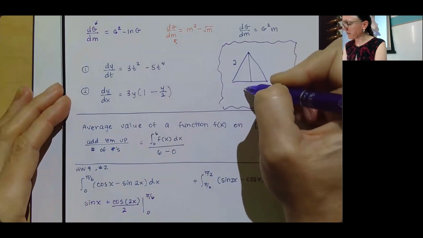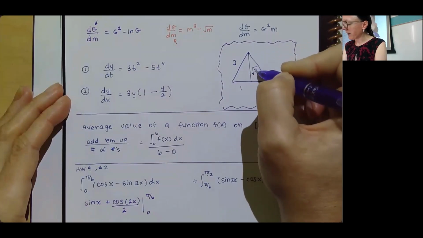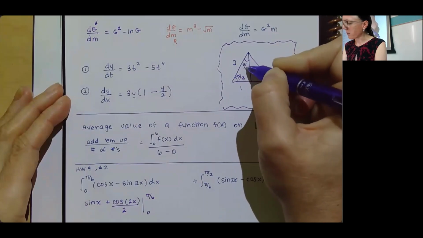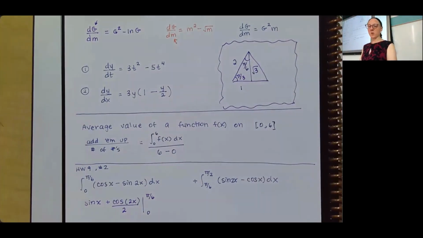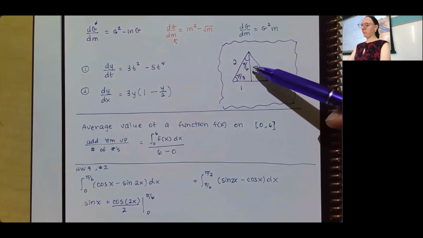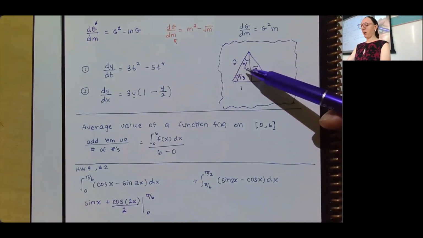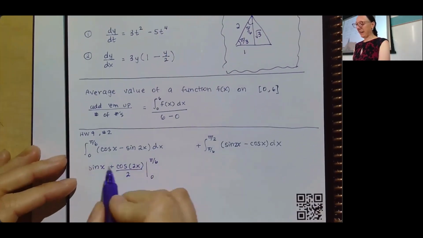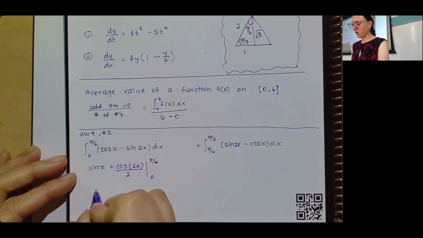So when I cut it in half, the side is 1. I know that angle is pi over 3, and the one up top here is pi over 6. So if I need to know sine of pi over 6, I grab that pi over 6 angle and I'm looking for the opposite over the hypotenuse. So sine of pi over 6 is equal to 1/2.